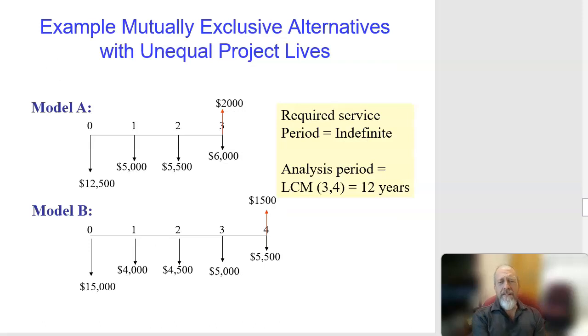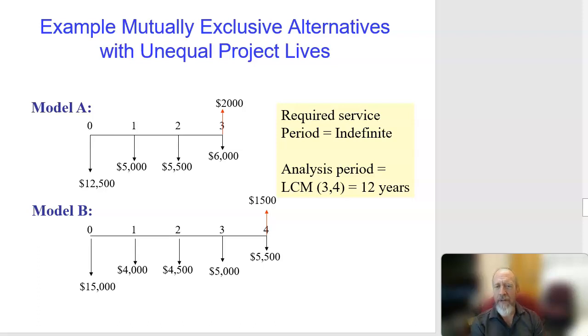Now, here's another one that's kind of interesting. What if you have alternatives that have different project lives? Well, here's where the annualized really becomes valuable, because annualized equivalents don't care how long something lasts.